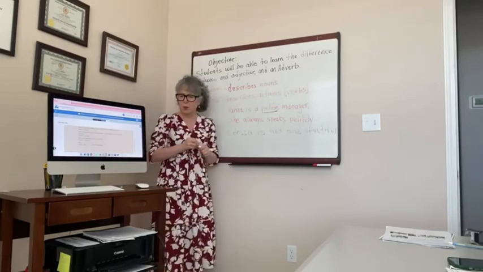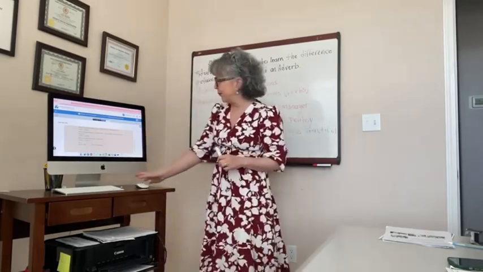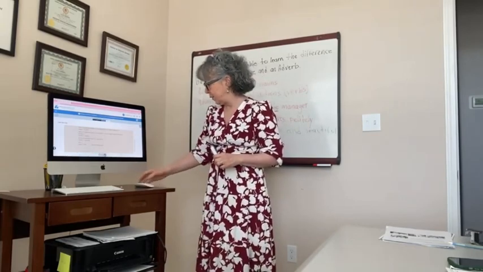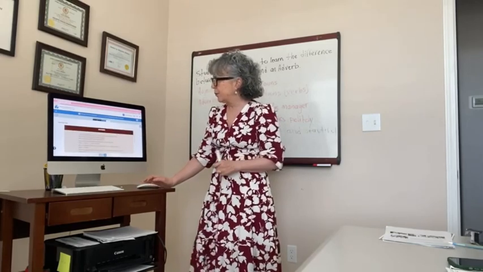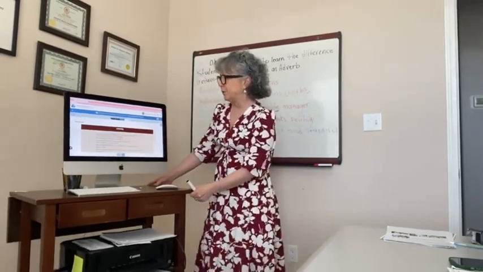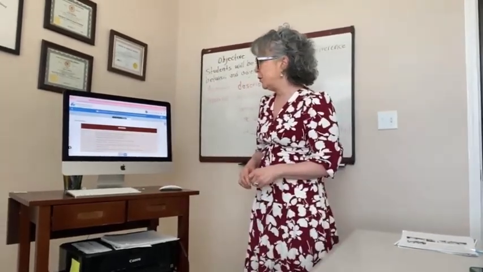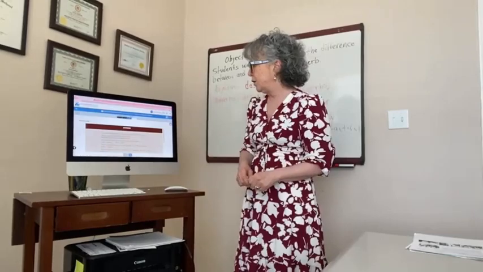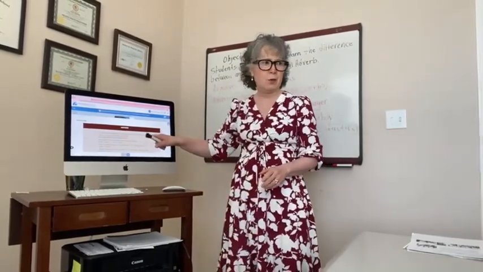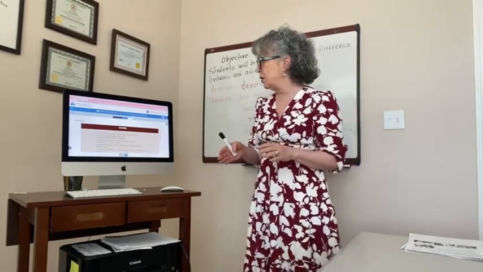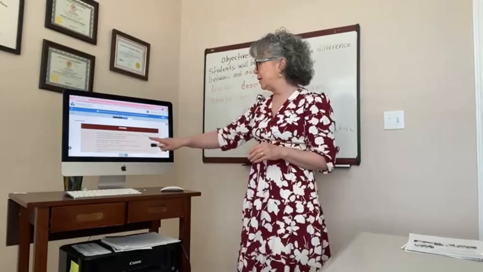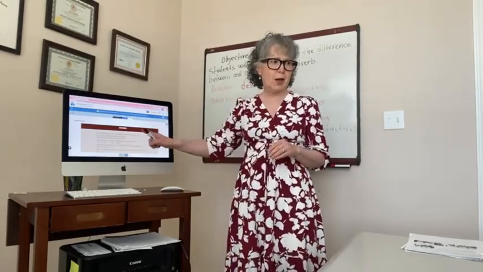Okay. So here on this screen, it explains very well. It explains the adverbs. It says, an adverb describes a verb. It often answers the question, how? So if you're not sure how to find an adverb, ask how.